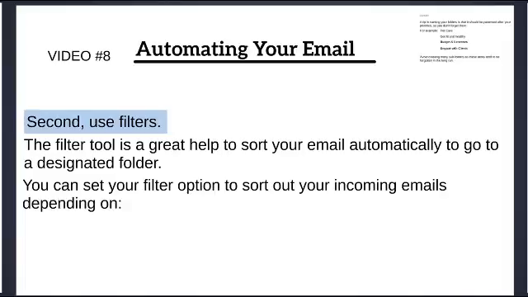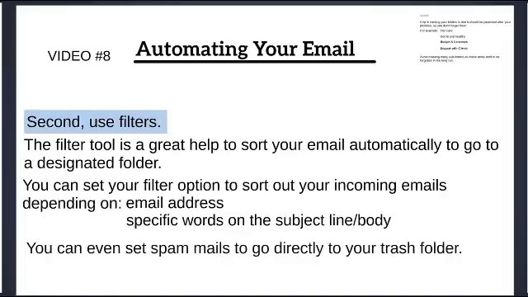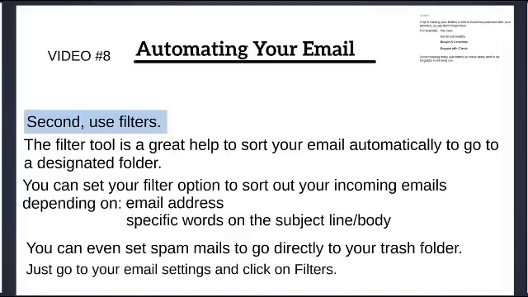Now, you can set your filter option to sort your incoming emails depending on the email address, specific words in the subject line or body, and elsewhere. You can even set spam emails to go directly to your trash folder. You just go to your email settings and click on filters.